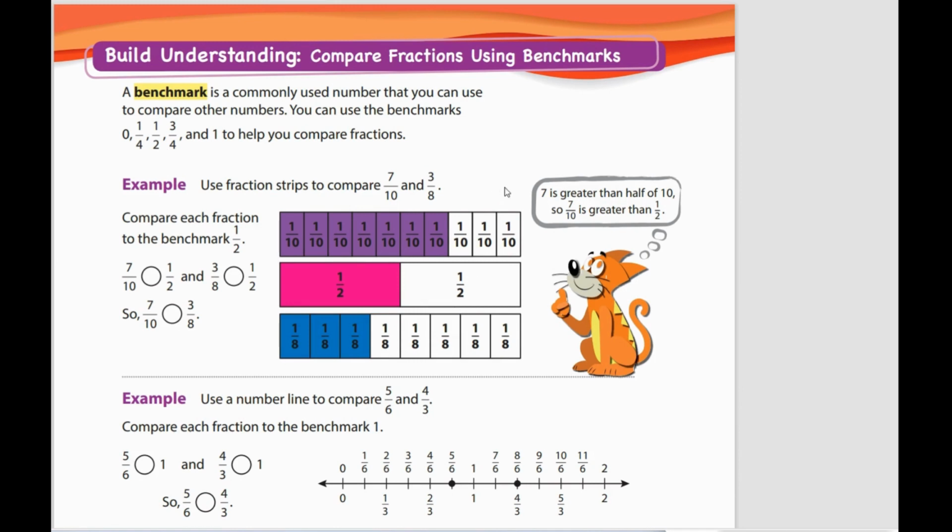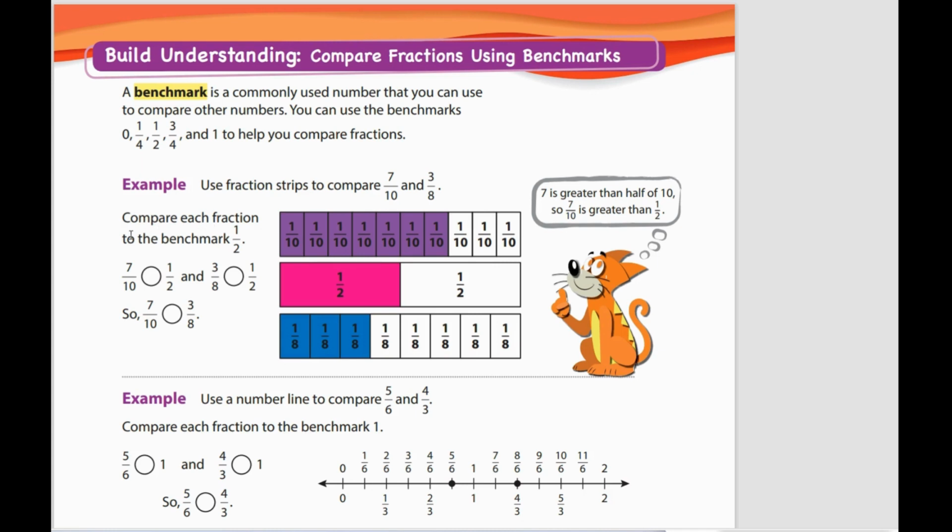A benchmark is a commonly used number that you can use to compare other numbers. So you can use the benchmarks of 1/4, you can use a benchmark of 1/2, and of 3/4, and 1 to help you compare fractions. So in this example, they're using fraction strips to compare 7/10 to 3/8.